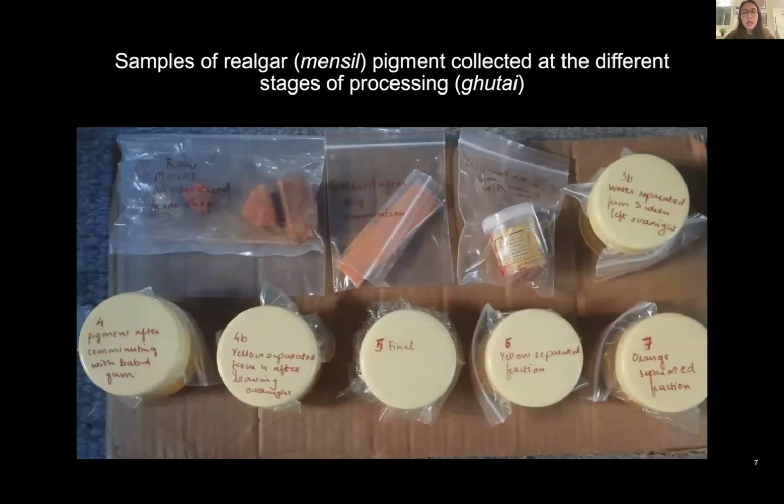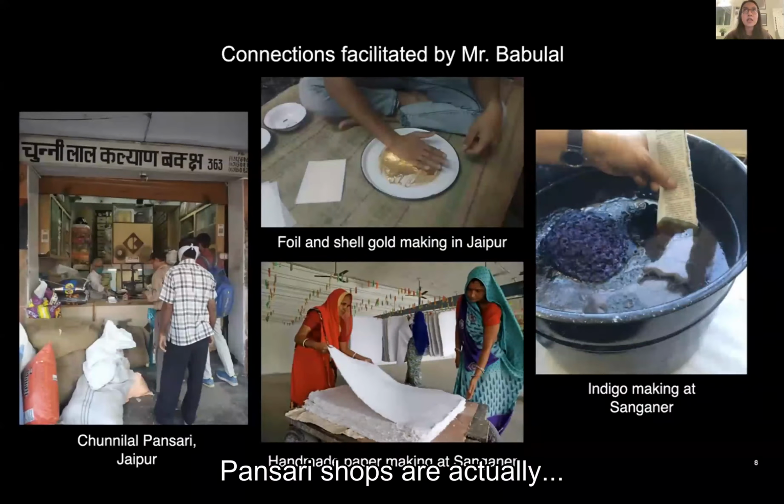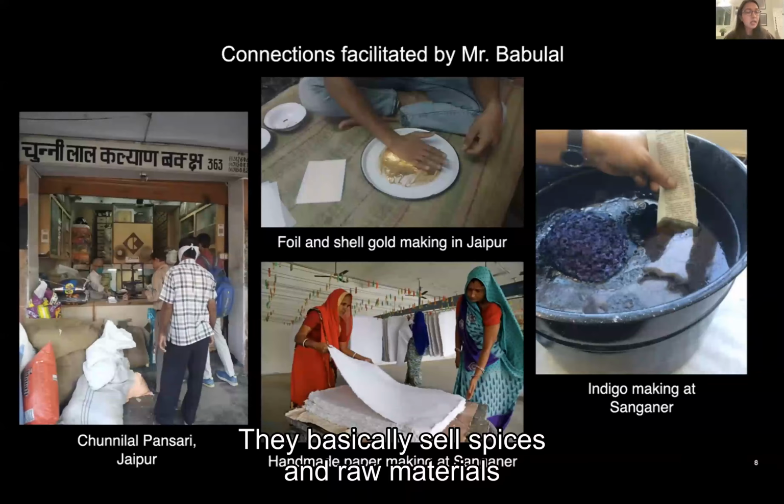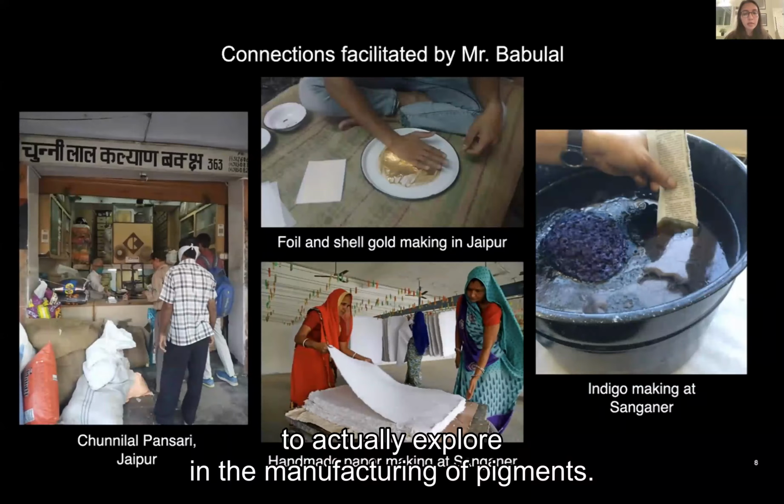Babulalji has also been instrumental in connecting us with other points of reference in Jaipur, such as the Pansari shops, which are the source shops for a lot of these traditional pigments. Pansari shops basically sell spices and raw materials for Ayurvedic preparations, which is an important connection to explore in the manufacturing of pigments.